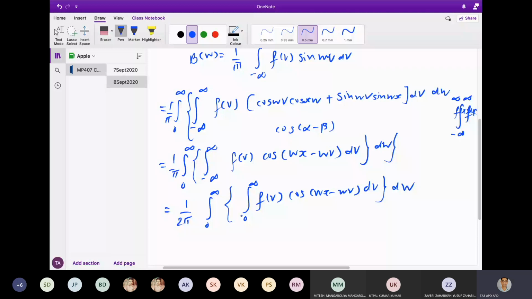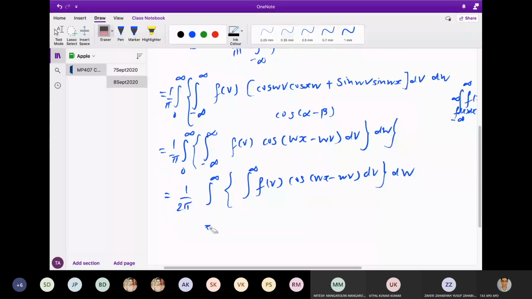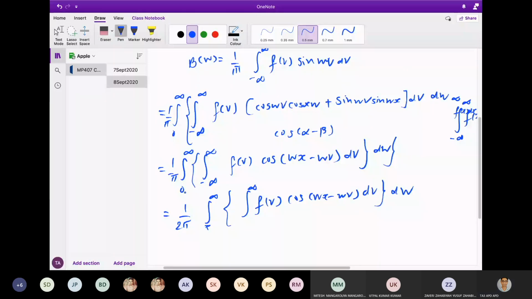So let me just erase this. So this should be minus infinity to plus infinity.